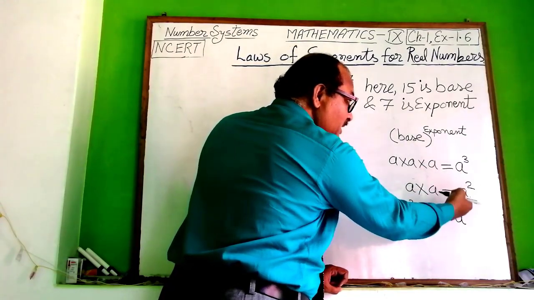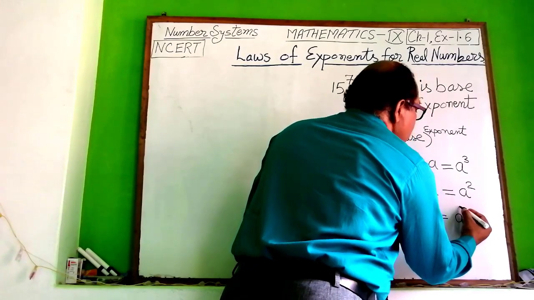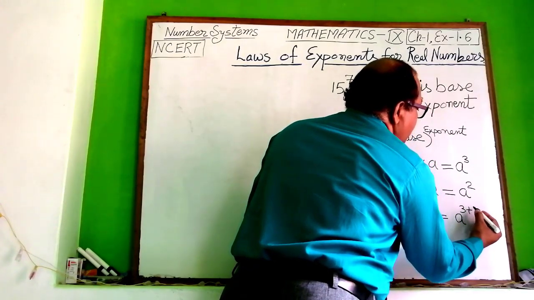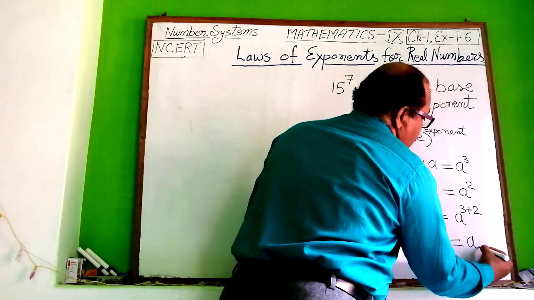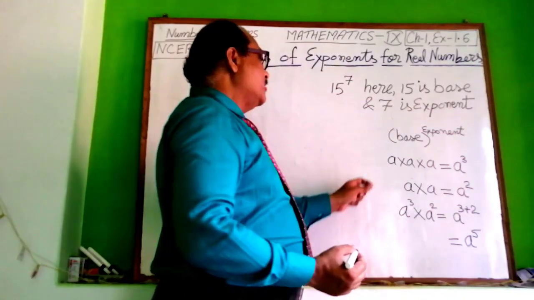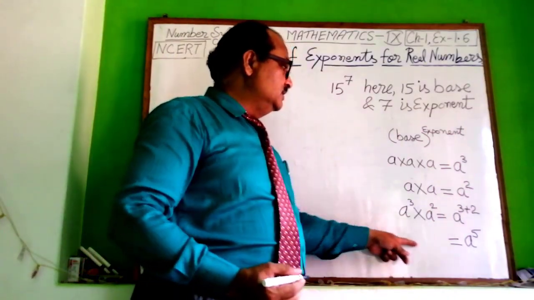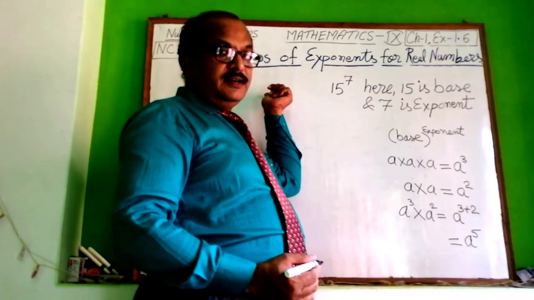So when we multiply them, in total how many a's will be there? It means these powers will be added and your result will be a raised to the power 5. So you can understand this one is the first law. I will write here further.